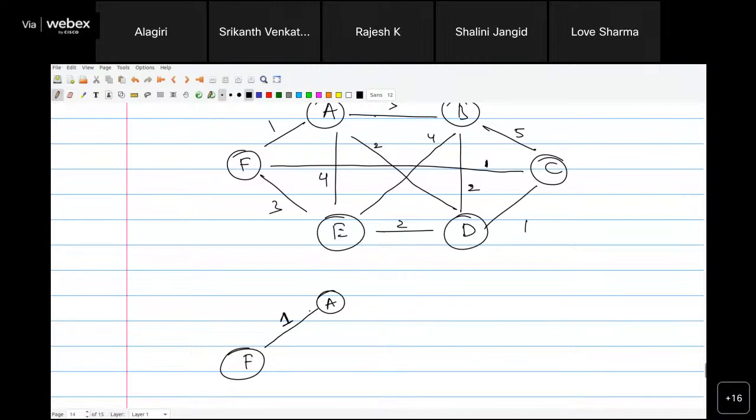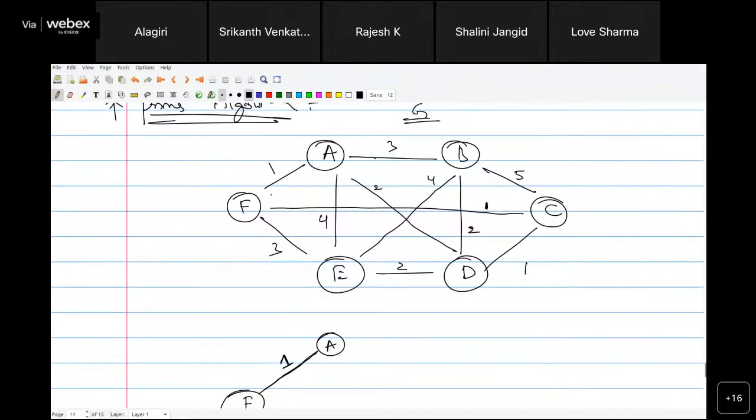So now you have to pick the edge which is adjacent to this edge AF and also having the minimum weight. So this edge is adjacent, this edge is adjacent, this edge is also adjacent.